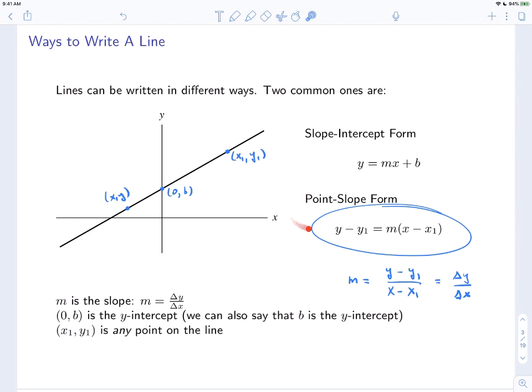So this point-slope form is really just a way of saying that the slope m is equal to the difference of the y's over the difference of the x's for any choice of point (x, y) and point (x1, y1) on the line. This (x1, y1) is a fixed point on the line. But (x, y) is an arbitrary point that's anywhere on this line. So really, point-slope form is just another way of saying that the slope is the difference of the y's over the difference of the x's.